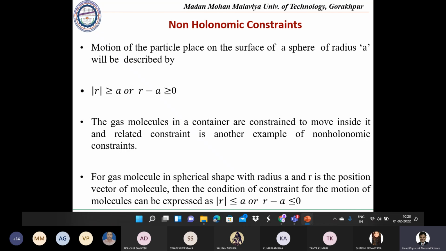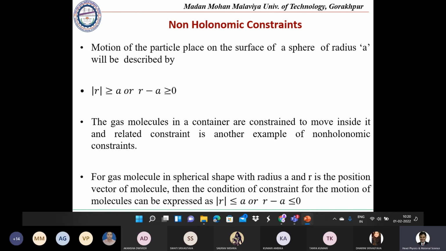Because if we are talking about a radius, then although it has been mentioned here r is greater or less than a, or r minus a is greater than or equal to 0, already it has been described here in the same way in the text.